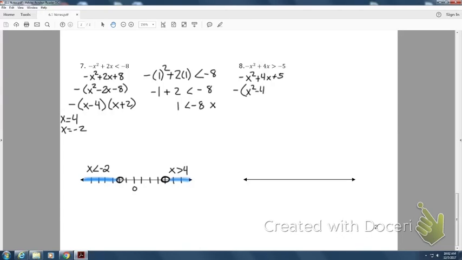On number 8, make sure that you're factoring x squared minus 4x minus 5. You've got that negative at the beginning that you need to pull out again.